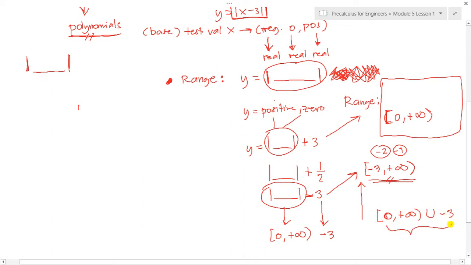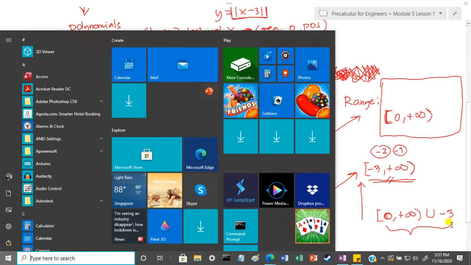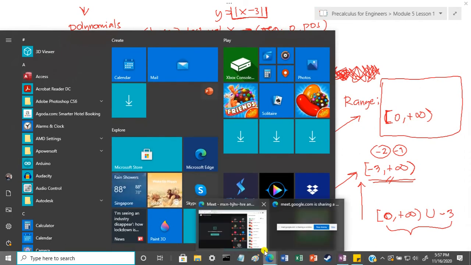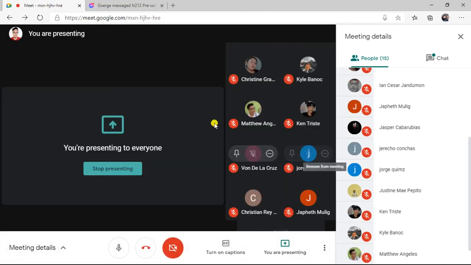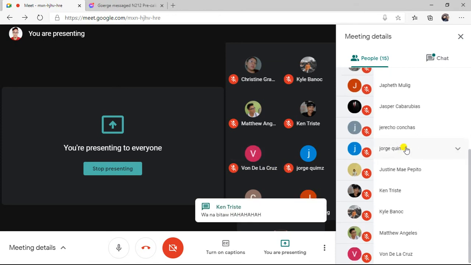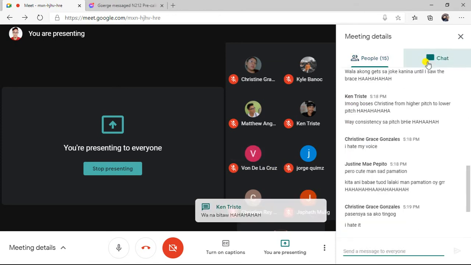Question. Basig na po may makitaan. Sige. Unsa man? Na okay ra? Na-verify ra? How about the others? Wala na? Okay na yung chat. Wala na bitaw.